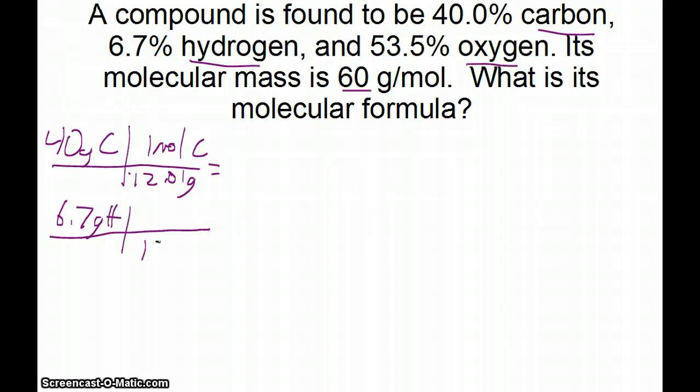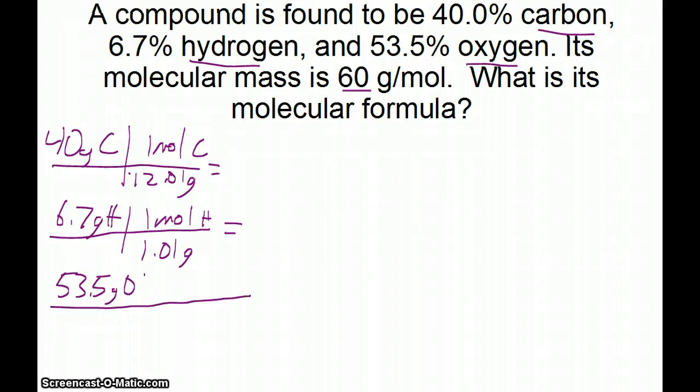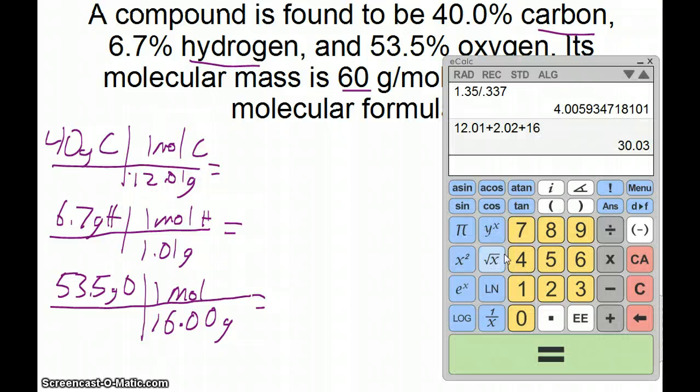In 1 mole of hydrogen, we have 1.01 grams. And then we have 53.5 grams of oxygen in 1 mole. Okay, in 1 mole we have 16.00 grams. So we're doing the same thing that we did to find empirical formula here.